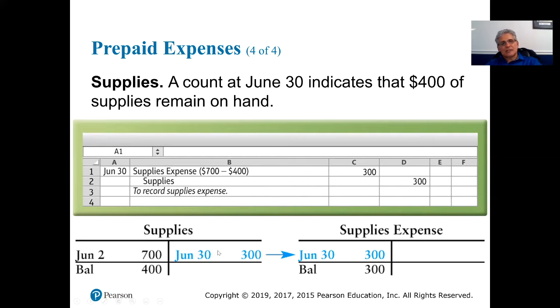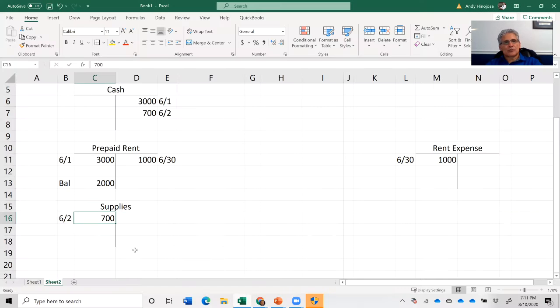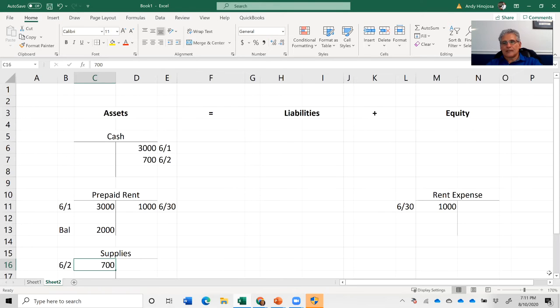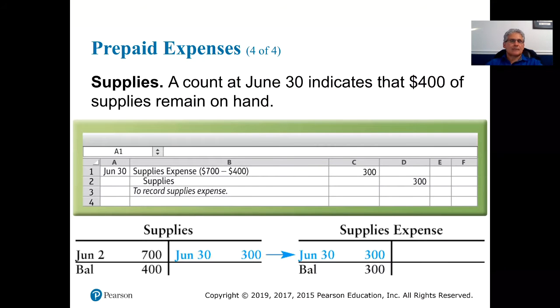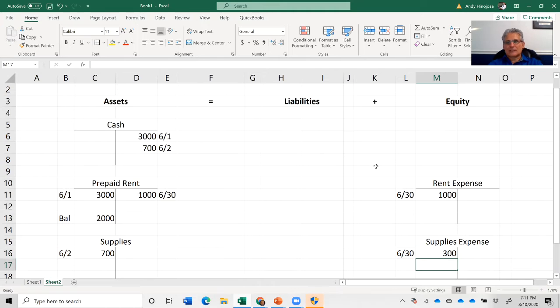Now, I'm going to do the exact same thing as this, except I'm showing you how it's impacted on the accounting equation, okay? So we're going to create an account called supplies expense. And on 6/30, we're going to debit supplies expense for $300. That's what we used up, $300. At the same time, we're going to credit supplies because that was part of the journal entry.